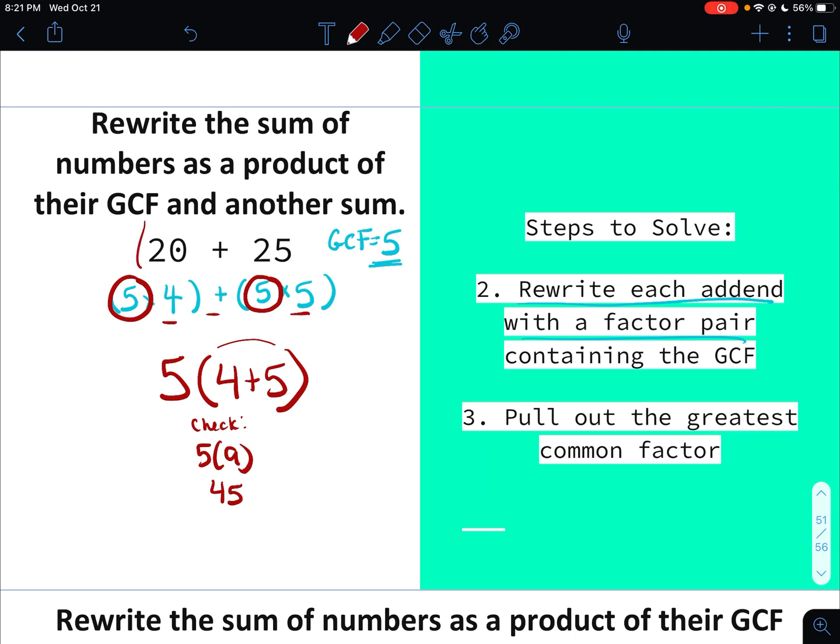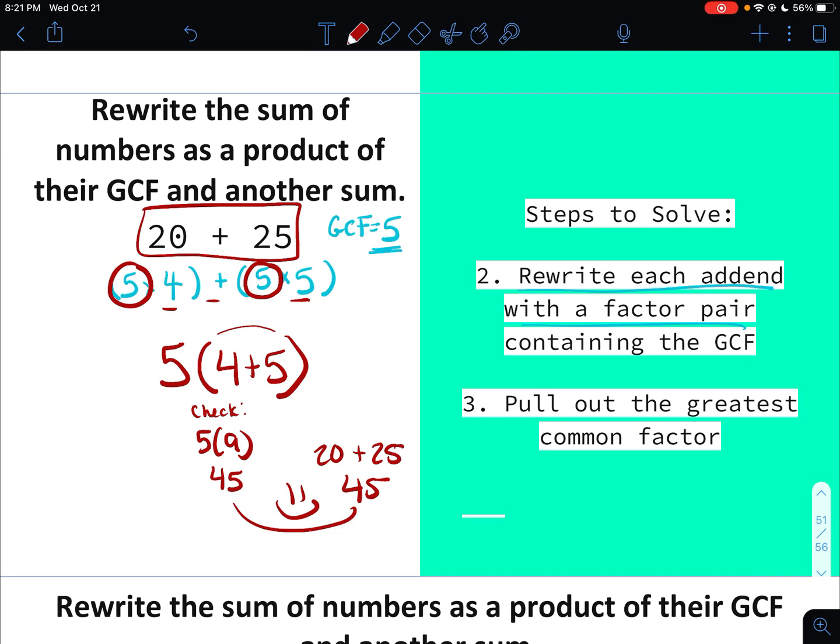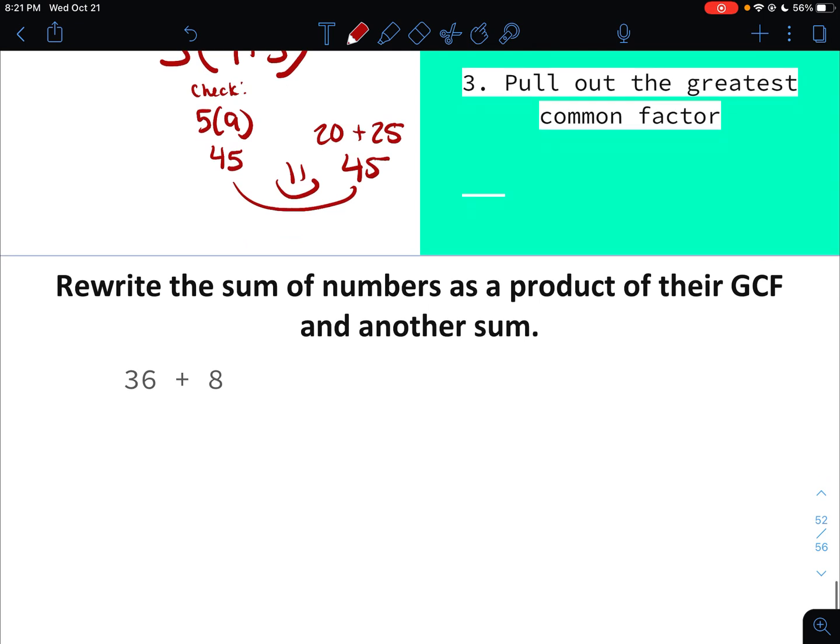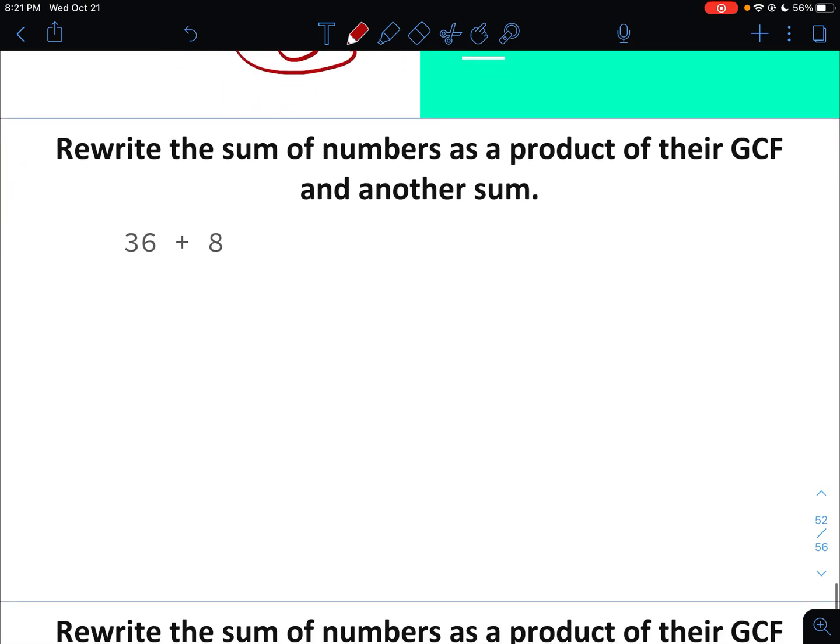And if you go back and add your original numbers, 20 plus 25, you should get 45. So you should get the same thing in the end once you check it. Okay? It's just a nice thing to do if you like to make sure you're doing it right, which I was always that way. So I always like to show you how to check yourself before you wreck yourself.